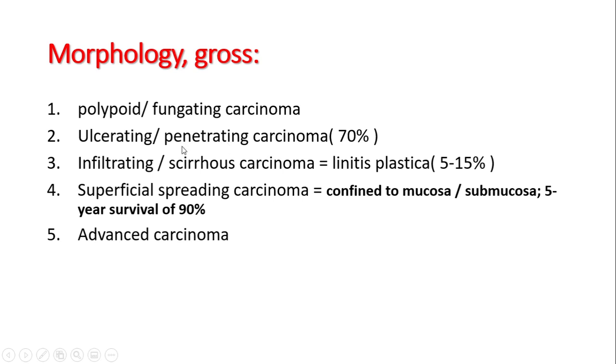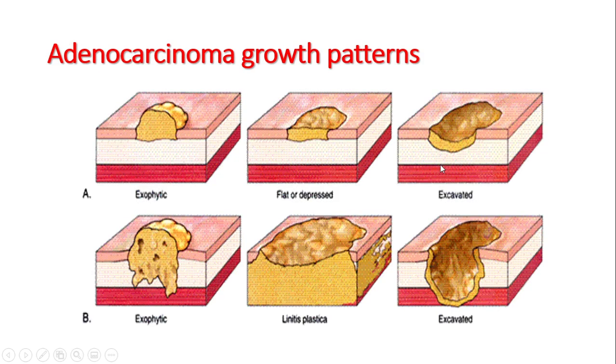Ulcerating or penetrating: sometimes the tumor is not projecting, not polypoidal. It is infiltrating the wall, forming an ulcer, penetrating downward into the wall. Or it can be infiltrative, like linitis plastica. This is the commonest and diffuse type. We will discuss it later.